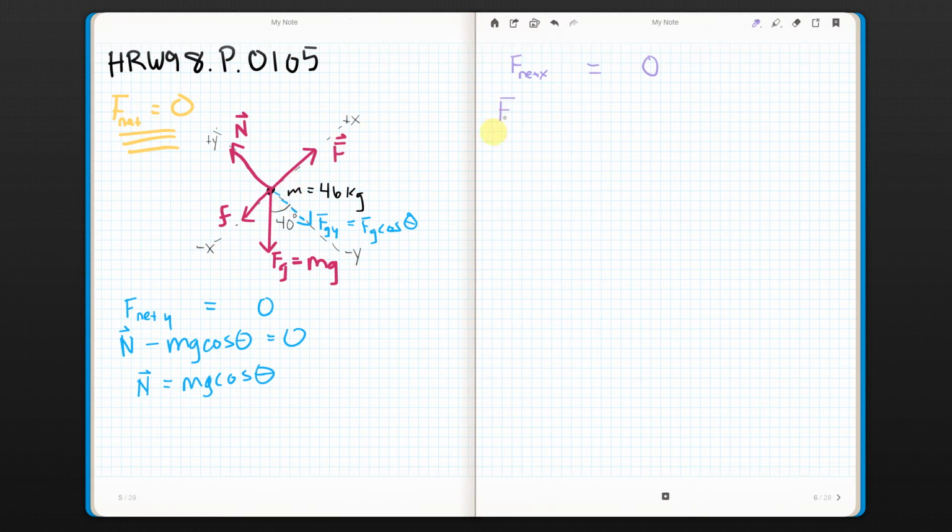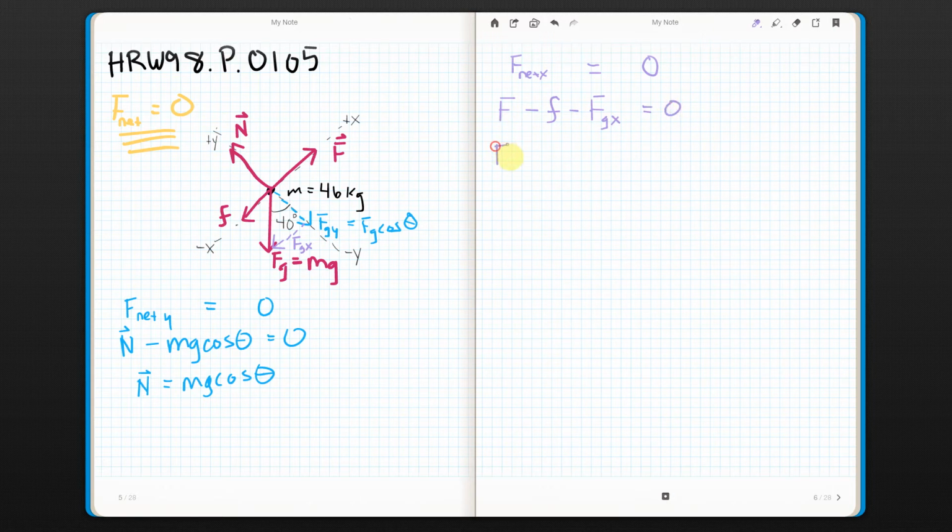That's the only thing that points up the ramp, so that's my only positive thing. But down the ramp I've got, so minus, friction. I also have the component of gravity that is in the x direction, FGX. So I'm going to subtract that, minus FGX, and that all equals 0.